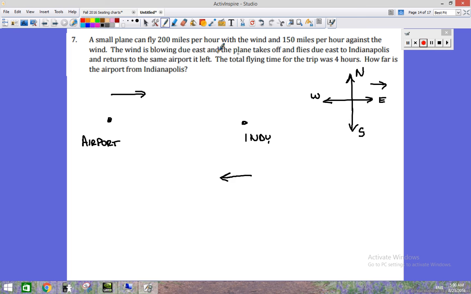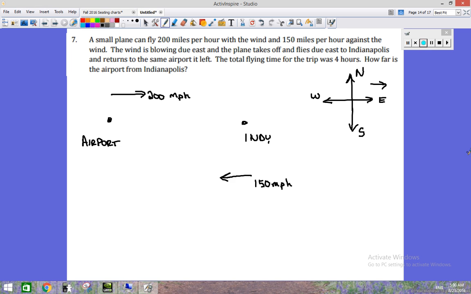Now, when it's flying this direction with the wind, it's flying faster. So in this direction, it's flying at 200 miles per hour, because when you're going with the wind, it's pushing you along. Let's assume that during the entire trip the wind doesn't change direction and it stays the same magnitude. So now when you're flying against the wind, it's 150 miles per hour.